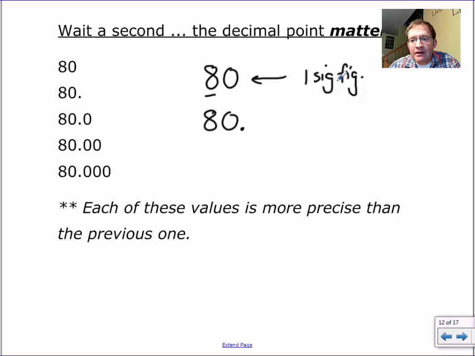When the decimal point, as you see in the second value, is present, we're going to start counting from the left. And that means the 8 and everything after it gets counted. So there are two significant figures. Having two means having more precision, okay, in the second value. So that makes 80 point more precise and a better value than just 80. So when you write a decimal point, make sure you mean it. And when you need to have a decimal point there, make sure you do.